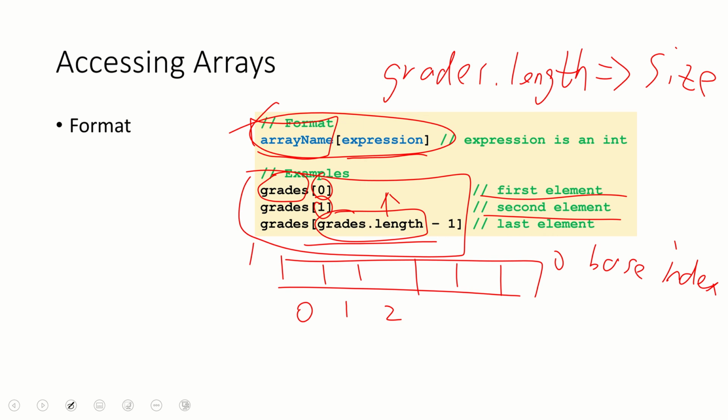Do you still remember what the actual array size is? I think the actual size of this array is 10. So the last element is at length minus 1, which is 9, right?